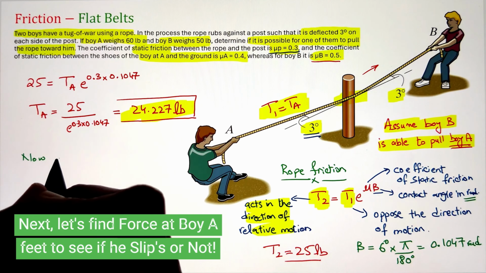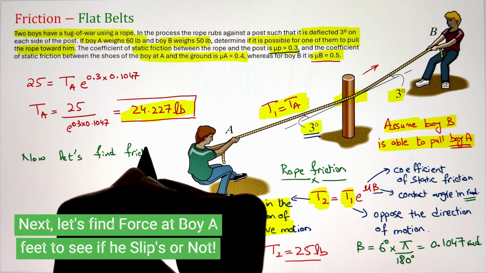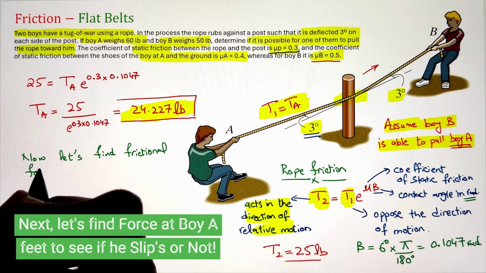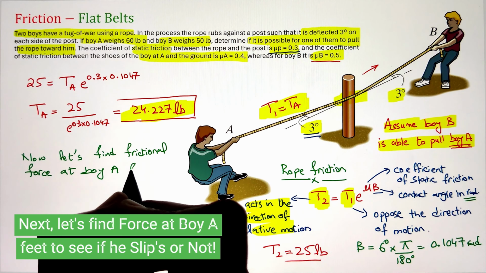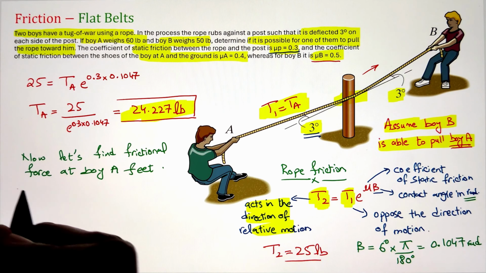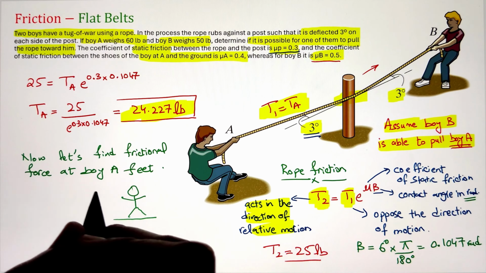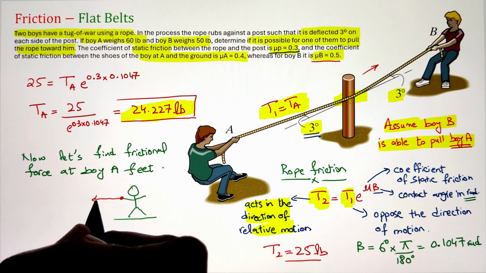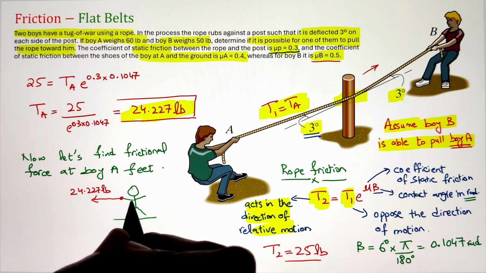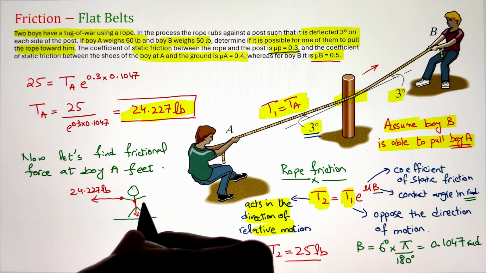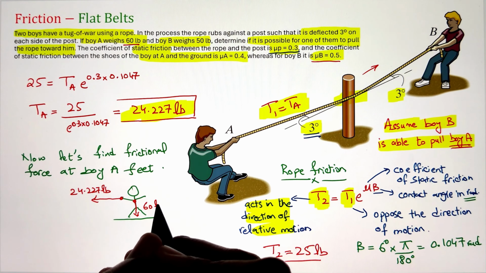Now, once we have calculated the value of TA, let's figure out the force at boy A's feet to see if he slips and moves towards boy B or not. To do that, we have to develop our free body diagram of boy A and list all the forces acting on him. We have our tension in the rope, and tension will always go away from boy A, so I'm developing my free body diagram with TA going away from boy A. Next, I have the weight of the boy, given as 60 pounds, acting vertically downward.